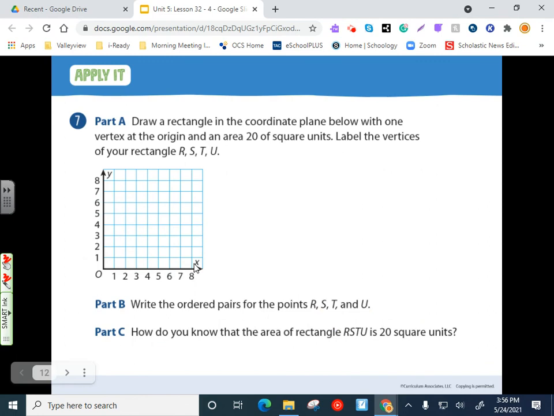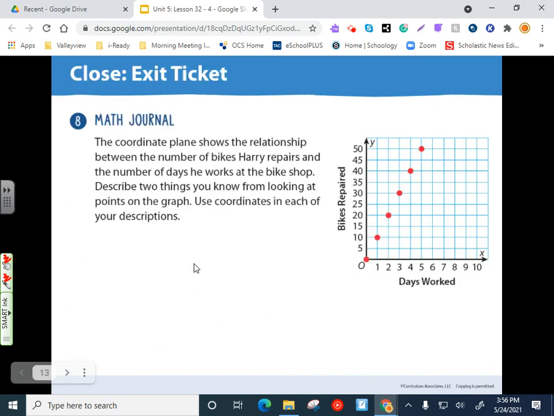And let's look at 8. The coordinate plane shows a relationship between the number of bikes Harry repairs and the number of days he works in the bike shop. Days worked, that's our X. Bikes repaired is our Y. And these points on here show their relationship. Describe 2 things you know from looking at points on the graph.